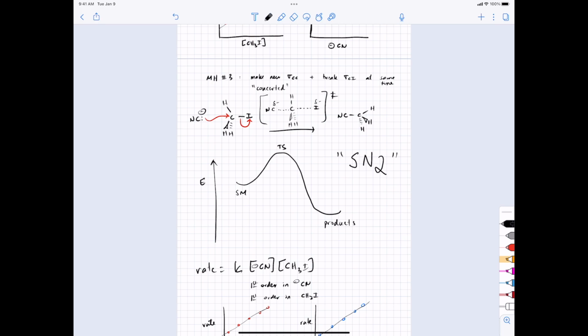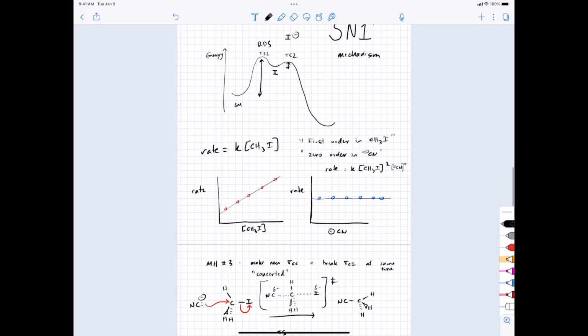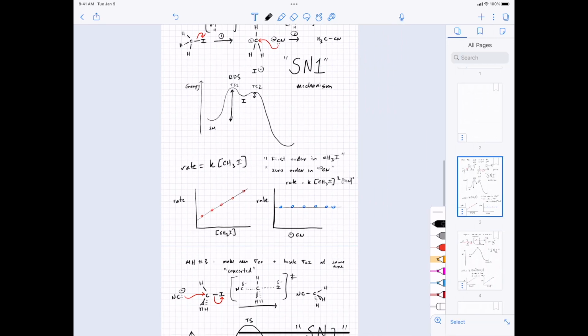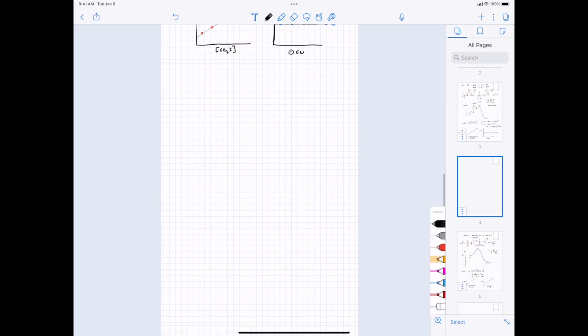And we need to continue to talk about ways that you can tell experimentally, and then as you're answering questions and you have an idea of what the mechanism is, how you can show products that are consistent with that mechanism. So let's start with the SN1 reaction, and I'll just insert some stuff here.